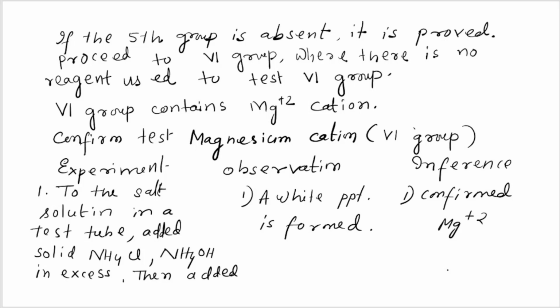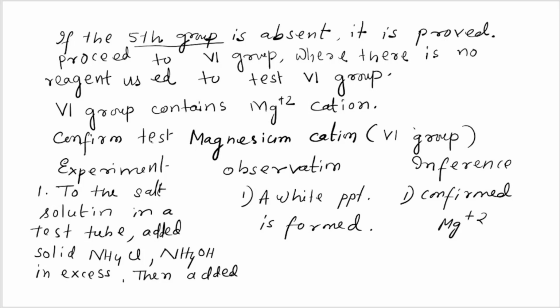Listen: if after treating with ammonium carbonate, ammonium hydroxide and ammonium chloride there is no white precipitate, the fifth group is absent, and that is proof, then you will go to the sixth group, where there is no specific reagent used to test the sixth group, unlike the fifth group, where the reagents are ammonium chloride, ammonium hydroxide and ammonium carbonate.